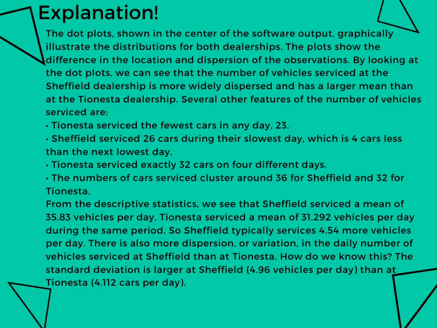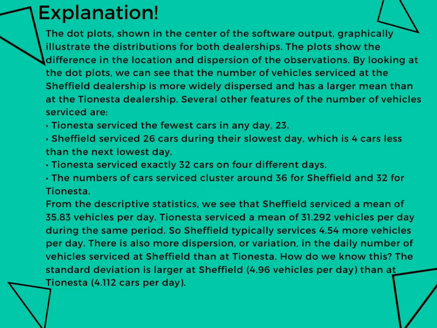The dot plots shown in the center of the software output graphically illustrate the distribution for both dealerships. The plots show the difference in the location and dispersion of the observations. By looking at the dot plots, we can see that the number of vehicles serviced at the Sheffield dealership is more widely dispersed and has a larger mean than at the Tionsta dealership.